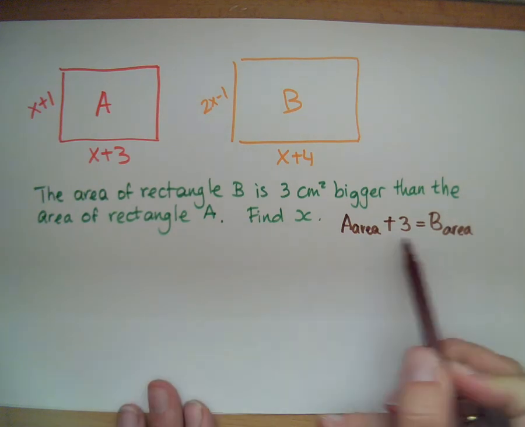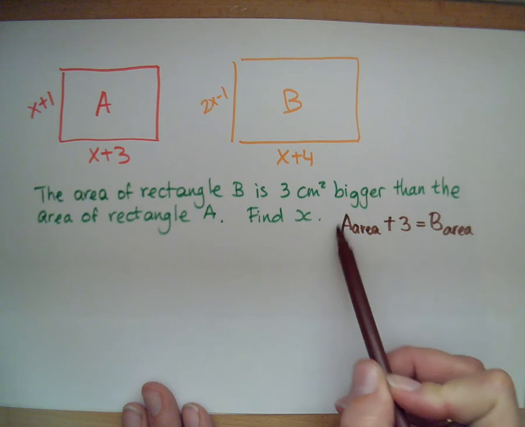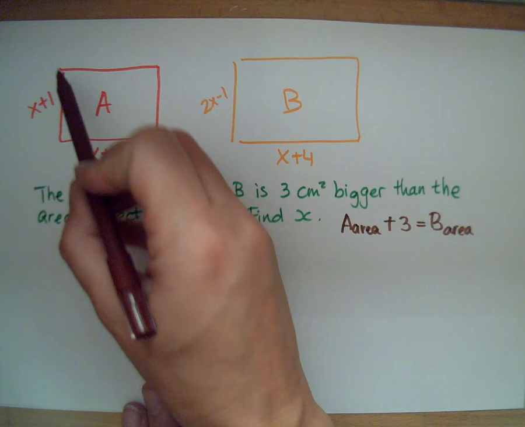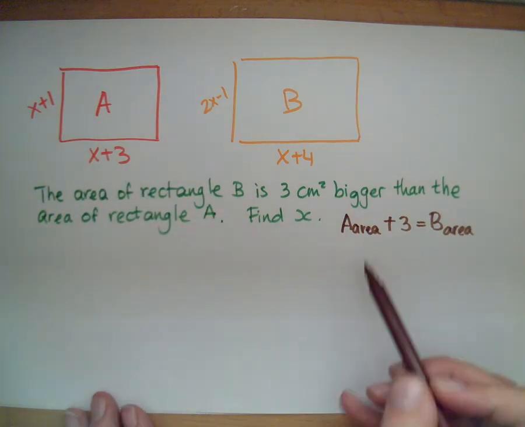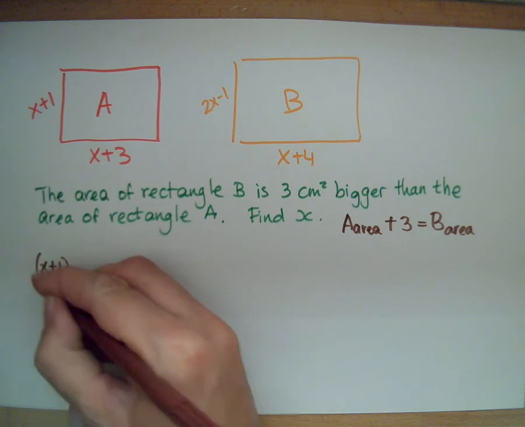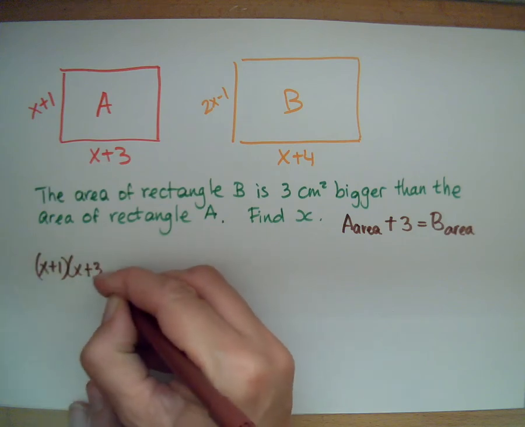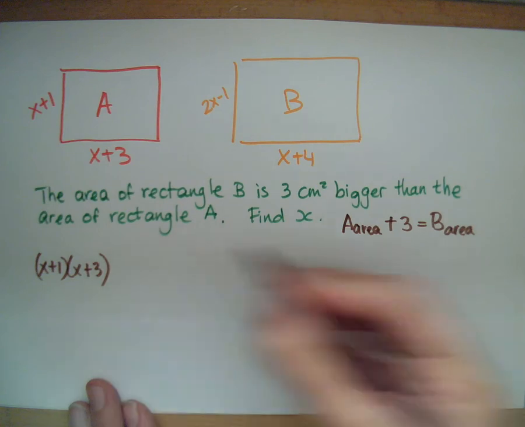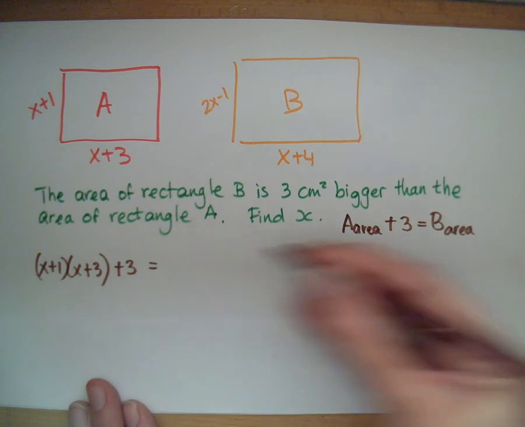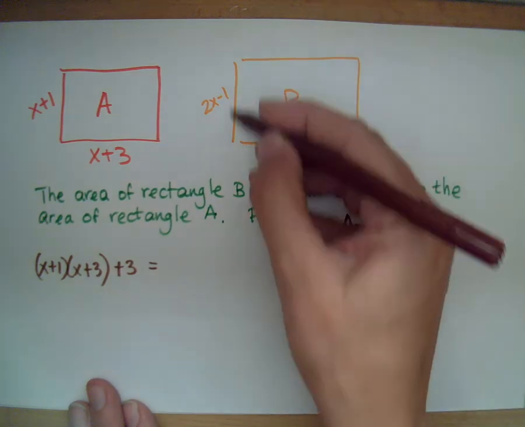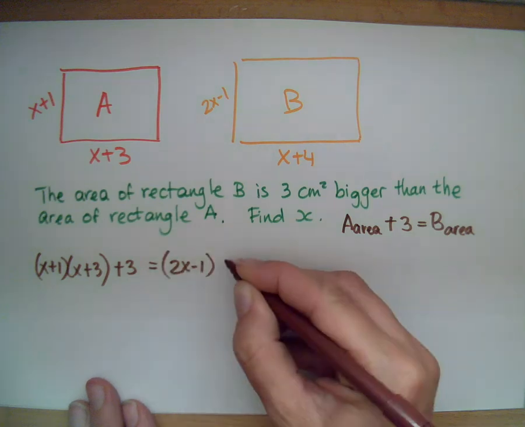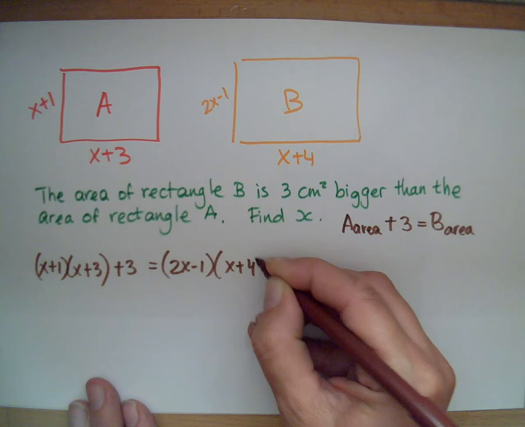Let's rewrite that, but instead of saying the area of A and the area of B, we'll use the lengths of the sides. So the area of A would be length times width, plus 3 is equal to the area of B, which would be length times width. That side first, times that one.